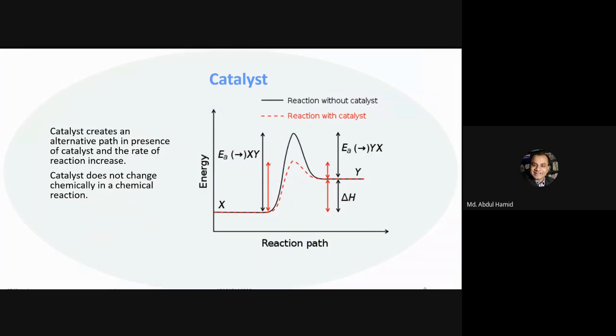The red color you see here shows the activation energy reduced. This amount is reduced, right? So the speed will be faster. The rate of reaction will be increased if we use a catalyst. How? It creates an alternative way while remaining chemically unchanged. Are you getting my point? Yes, sir. Chemically unchanged. Physically it can be changed. This is the function of a catalyst actually.